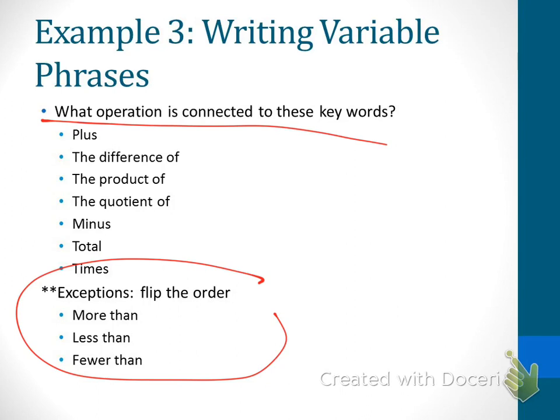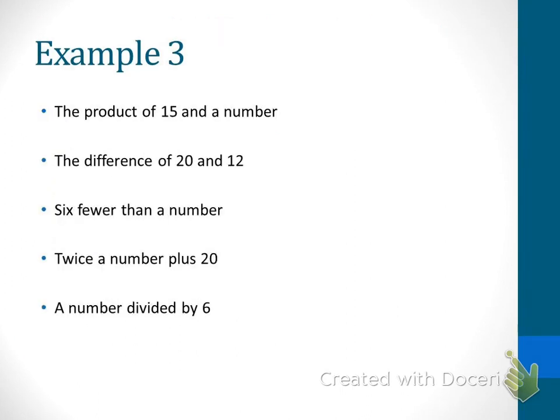Okay, so now let's go back to our example 3. So now we're going to translate these phrases into expressions. We're not necessarily solving for anything. We're just translating the phrase into an expression. Now you see in the first one it says the product of 15 and a number.